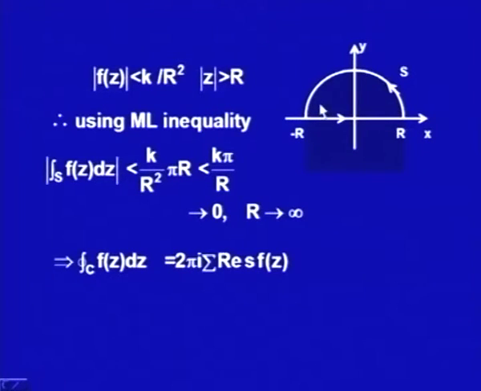There we calculate all the residues, we take all the poles in the upper half plane, and we calculate the residue of the function f z in the upper half plane. Like that we could do. So, let us see how we would apply it with the help of one example.